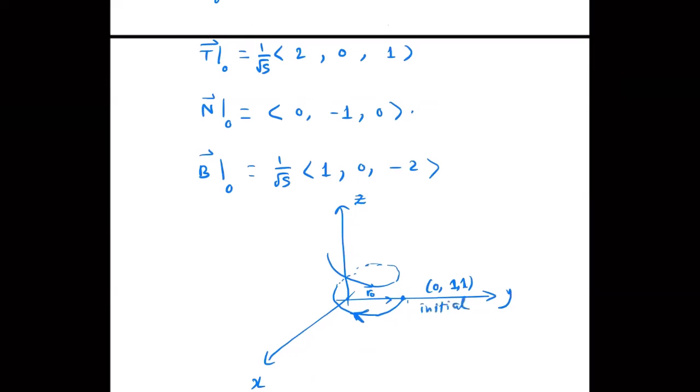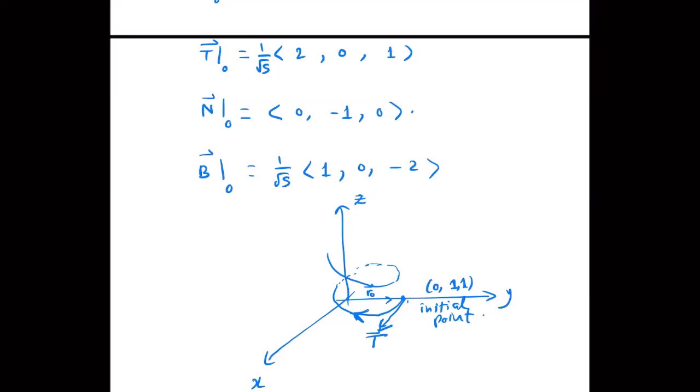Where is T? T is in the direction 2, 0. So this is the direction. This is the vector T. And the vector N is 0, negative 1.